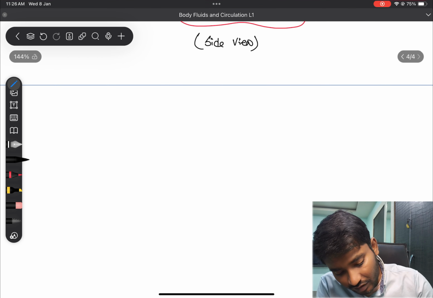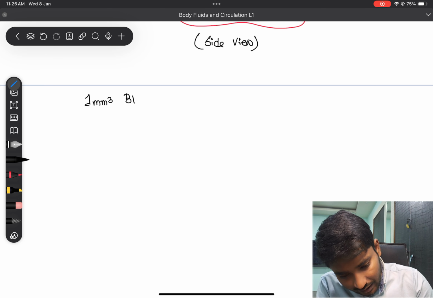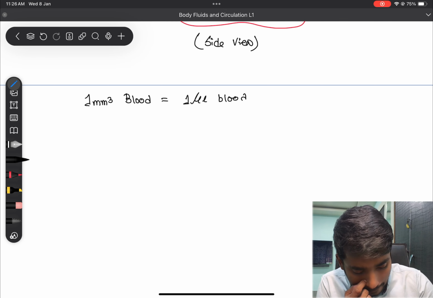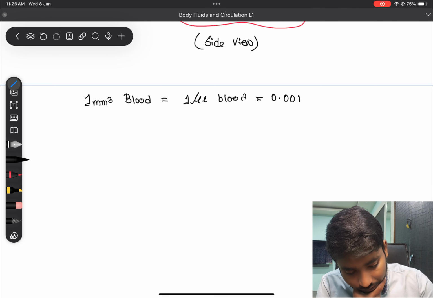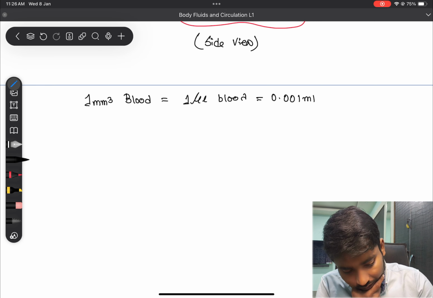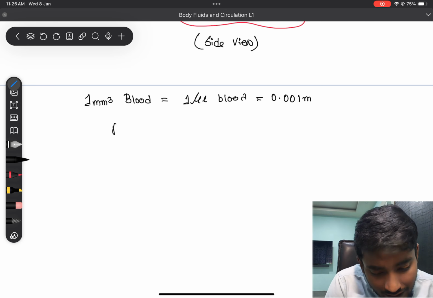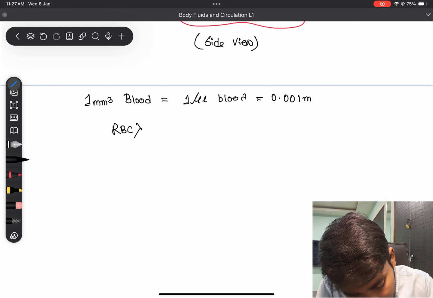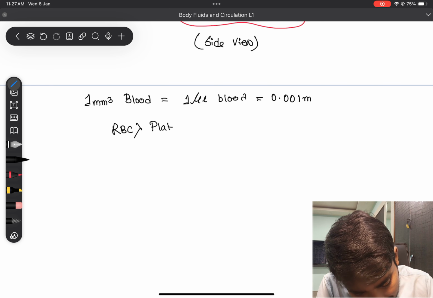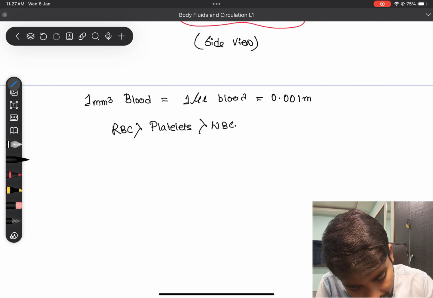Now 1 millimeter cube of blood is equal to 1 microliter, that is 0.001 ml. Okay. So RBC is greater than platelets, which is greater than WBC.